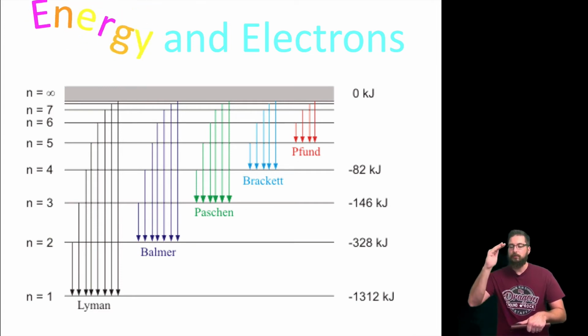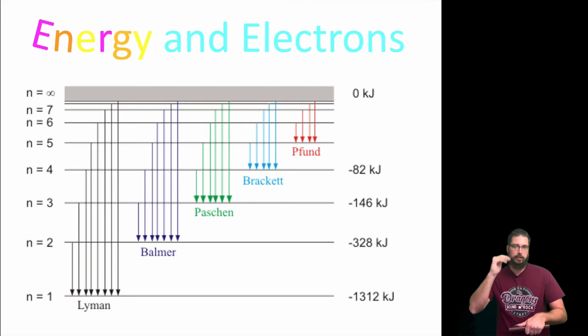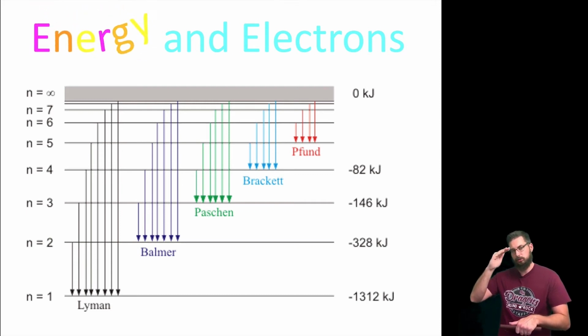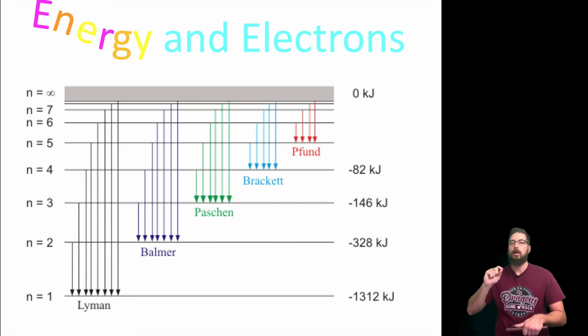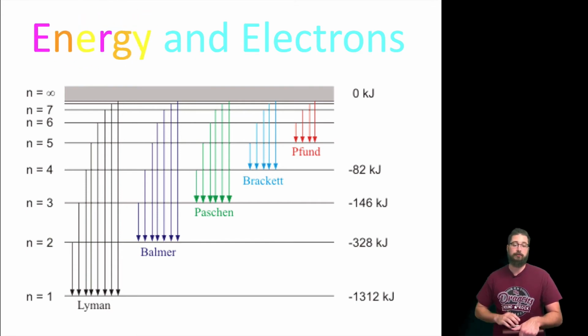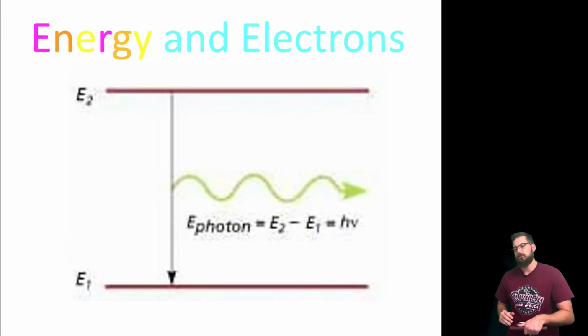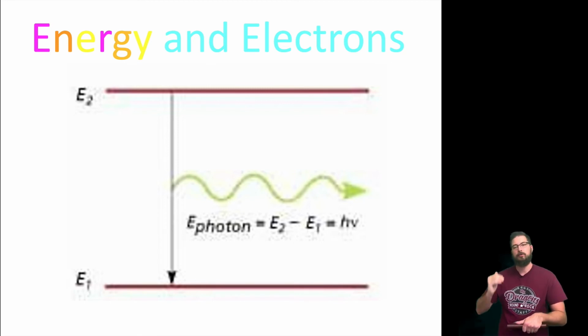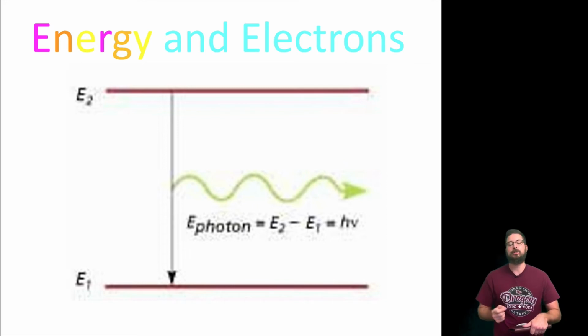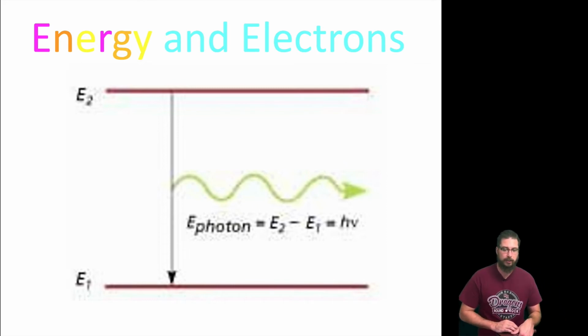And so because there's a smaller difference in energy, if an electron goes between those two levels, it's going to be a photon with a smaller amount of energy. And so this diagram shows you how if you go from the second energy level to the first, or from one energy level to another, that difference in energy is going to be equal to the energy of the photon that's given off.